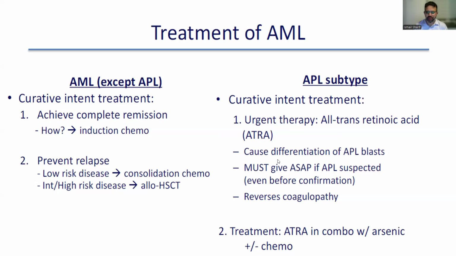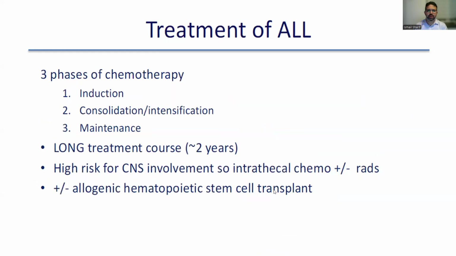When it starts, you might have worsening infiltration in the lungs, so trouble breathing, so we have to manage those with steroids. For coagulopathy in those patients, we have to try to reverse it with transfusion support. And always, we said ATRA start, and then arsenic plus or minus chemotherapy, depending on their risk group.